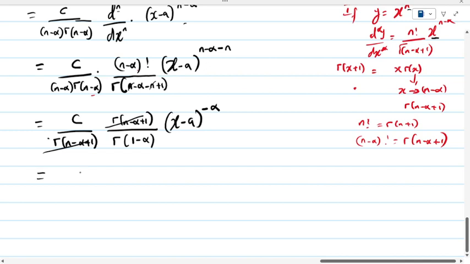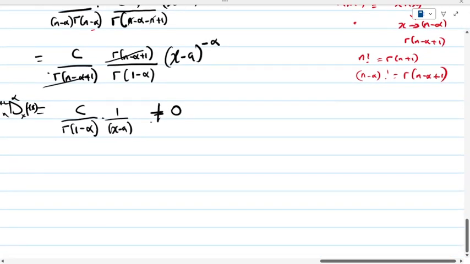So we have c over gamma 1 minus alpha and 1 over x minus a to the alpha, and this is not equal to 0. So this is the fractional derivative of a constant according to Riemann-Liouville.